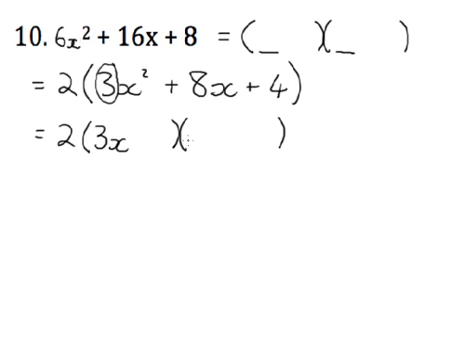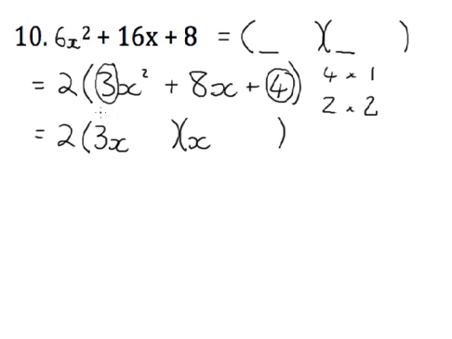So I have a 3x and an x, and I know that my first term will be 3x times x, which is going to be 3x squared. This 4 I get from 4 times 1 or from 2 times 2.